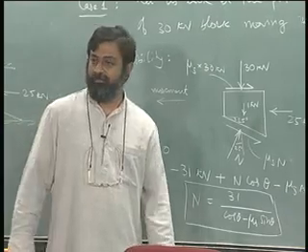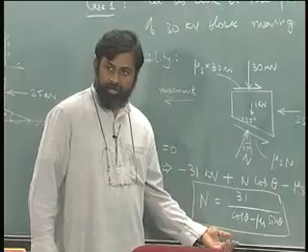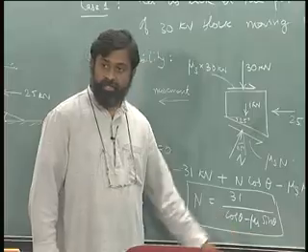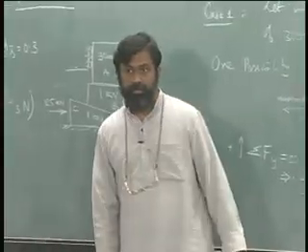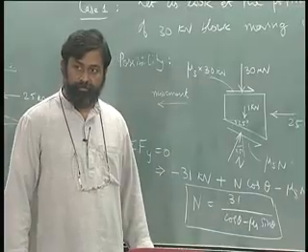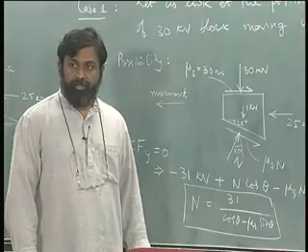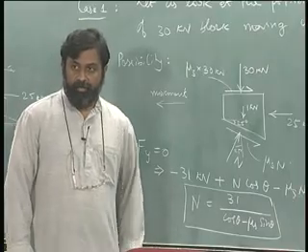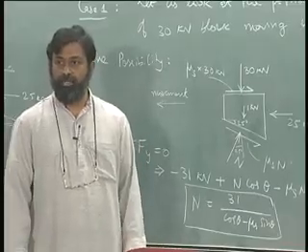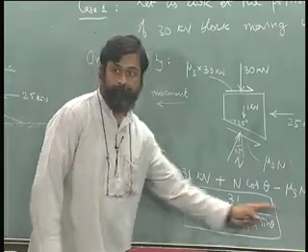If it is 30, cos 30 is root 3 by 2, sin 30 is 1 by 2 and mu s is 0.3, and roughly what do I get here? Root 3 minus 0.3, root 3 is 1.7 odd, minus 0.3 is around 1.4 by 2, which is 0.7, roughly. Around 0.7 is this quantity.